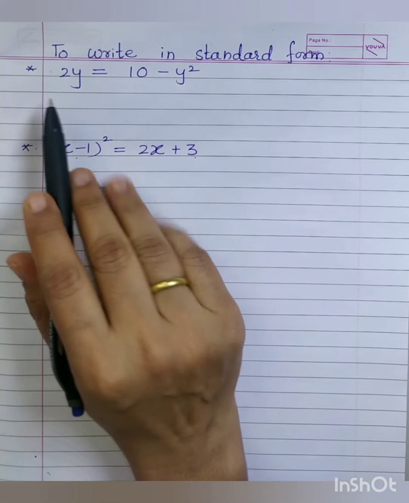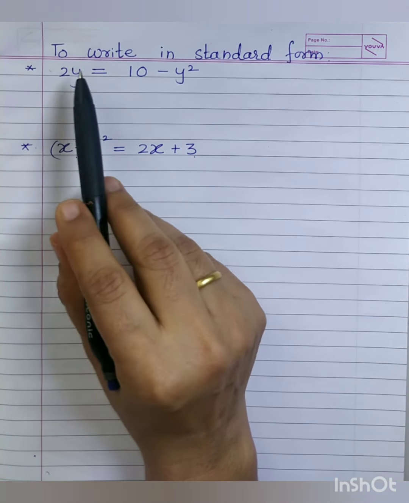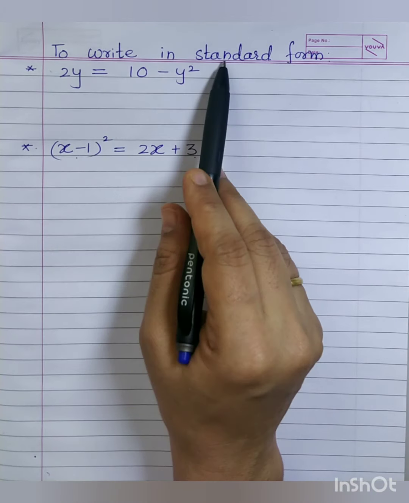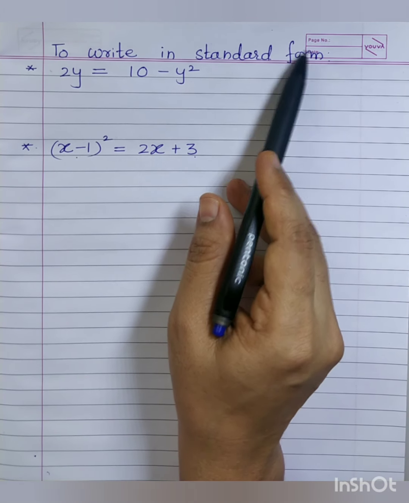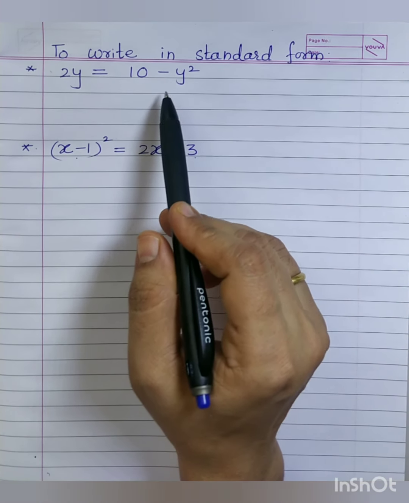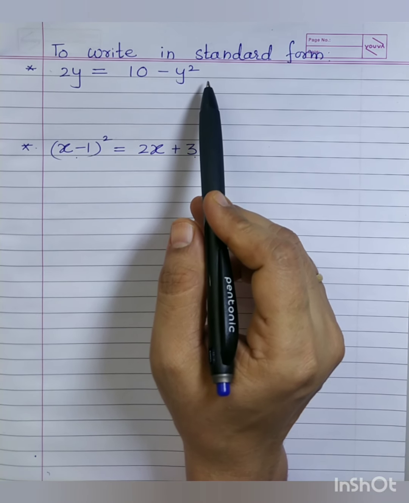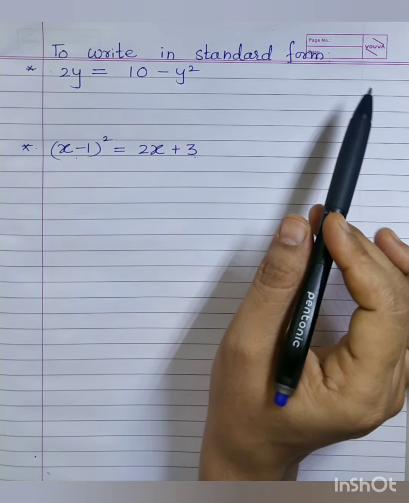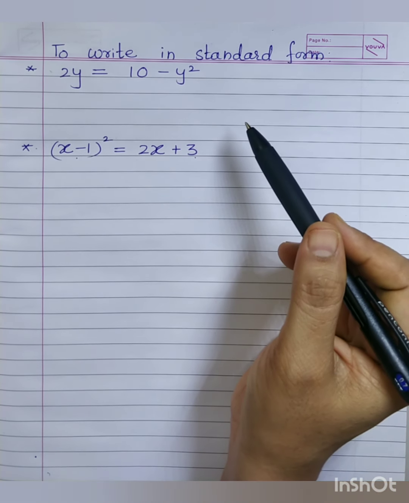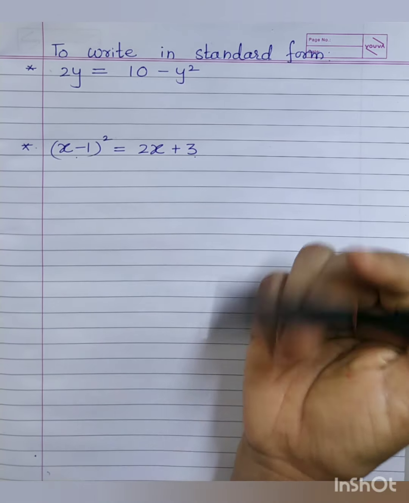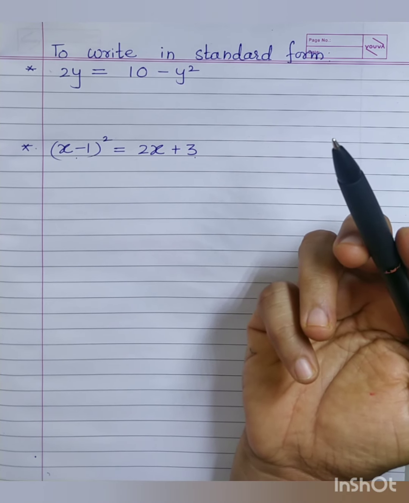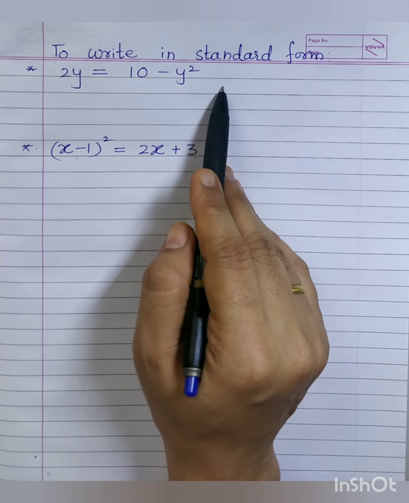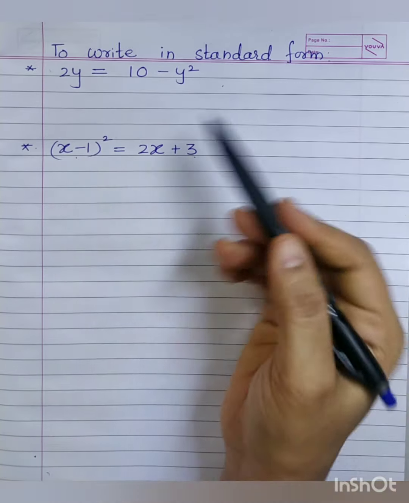Another pattern of question given in your textbook we will see: to write the given equations into the standard form, and by comparing to ax square plus bx plus c is equal to 0, to write the value of a, b, c. After this, whatever questions we are going to study, these are the basic steps of solving those questions correctly, that is, to write the given equation into the standard form and to find the values of a, b, c.